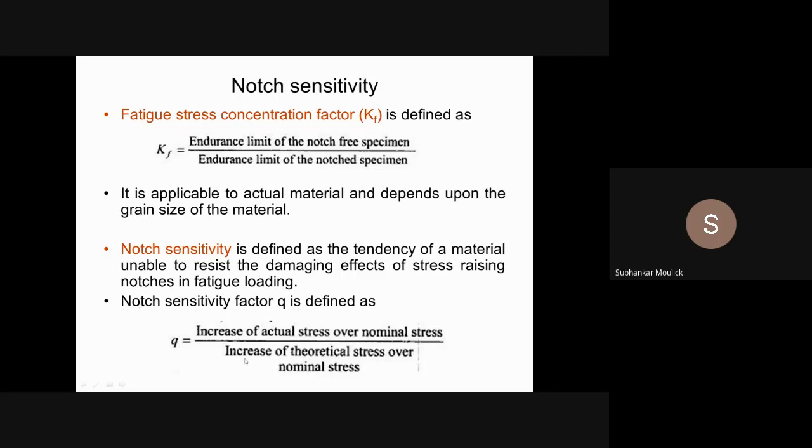So the increase in the stress will be actual stress minus nominal stress. That will be the increase of actual stress over nominal stress. Similarly, in the same fashion, I will find out the value of increase of theoretical stress over nominal stress. I will take the ratio and I can get the value of q. And there will be a relationship between q and Kf. Is it clear?